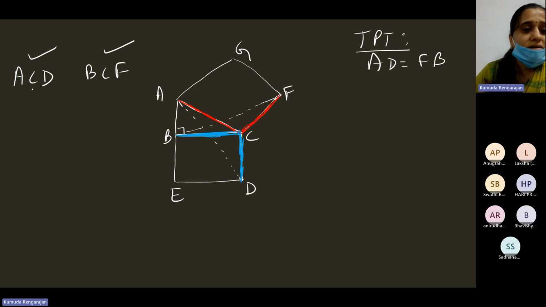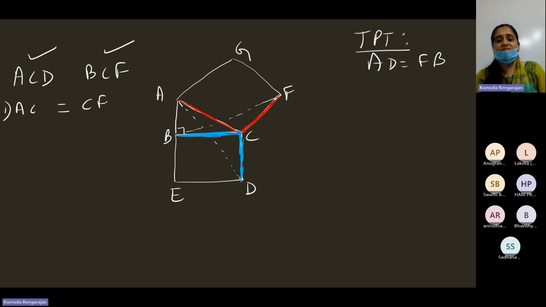Now, we'll have to show that these two triangles are congruent, ACD and BCF, as I told you earlier, that's why we are taking these two triangles. Which are the sides of triangle ACD, children?